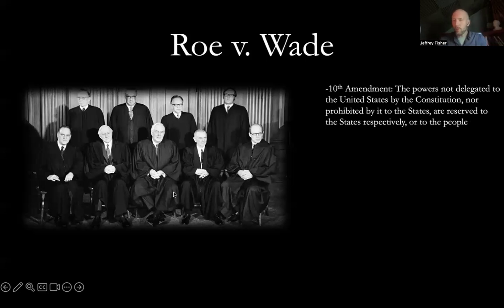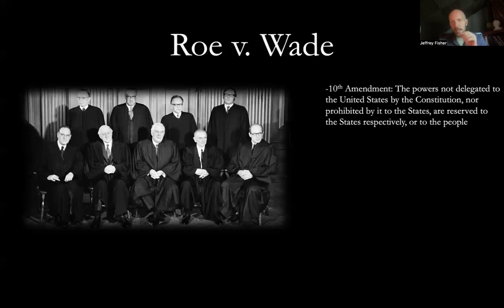So, prior to Roe versus Wade, which again is from 1973, the federal government, the United States government, didn't say anything about abortion. It had no laws. It didn't allow it. It didn't disallow it. It said nothing about abortion.